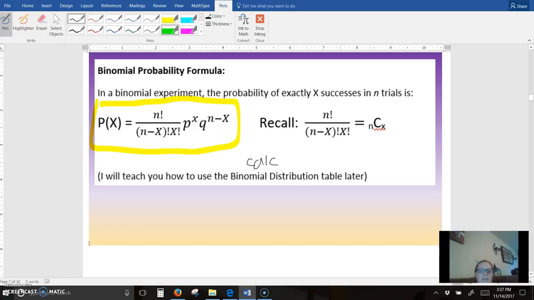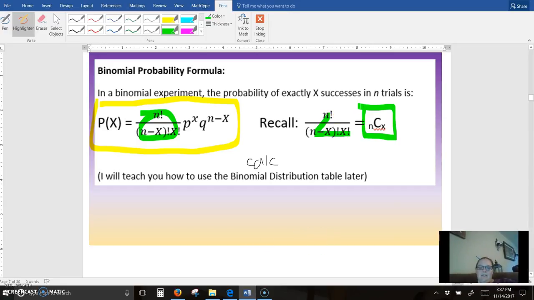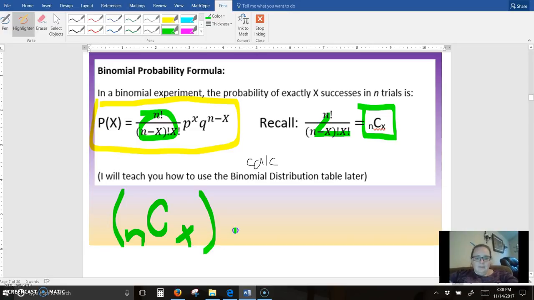If we look at this piece right here, this we learned in chapter 4 on probability. That is the exact same as n combination x. So we can replace that and write nCx and then p to the x, q to the n minus x.